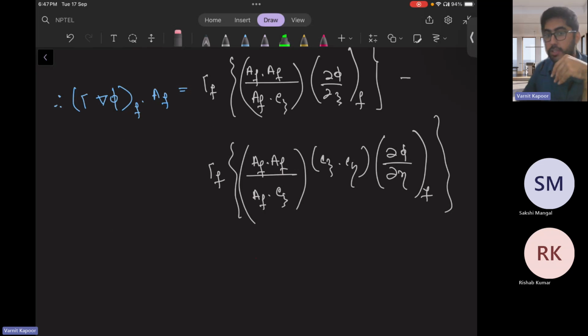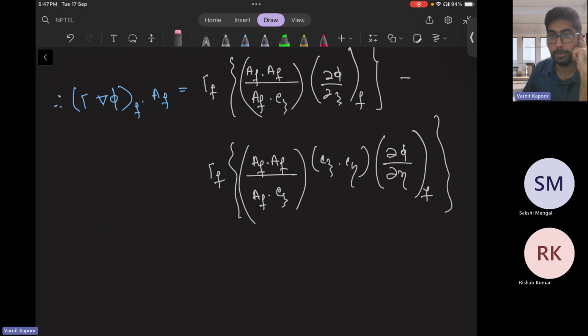But in the context of unstructured orthogonal meshes, we only have one quantity, dou phi by dou zeta. But this is unstructured non-ortho, so we have dou phi by dou zeta as well as dou phi by dou eta. That is a manifestation of the non-orthogonality of the mesh.